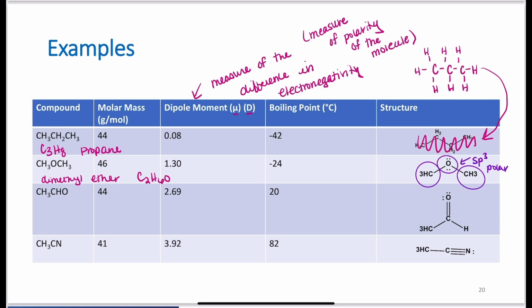Okay, if I look at this molecule, this is an aldehyde functional group. So this is called ethanal. You guys will learn that soon enough. But the way it's connected, we can see the formula C2H4O. Molar mass is 44. Dipole moment, 2.69.